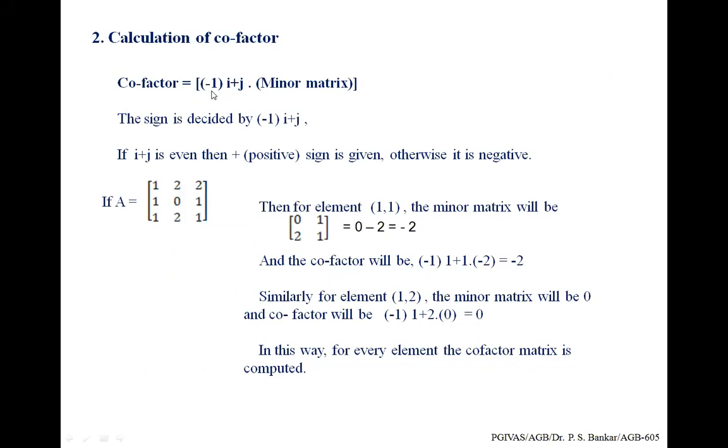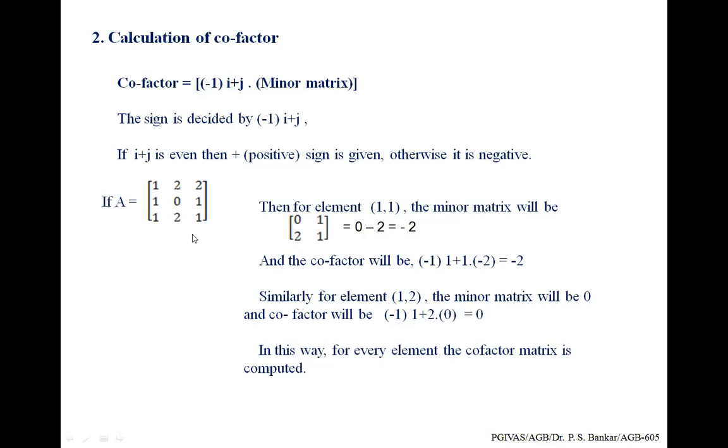The formula for cofactor is minus 1 to the power i plus j. We know that i plus j is the position of row and column. i is the number of the row, and j is the number of the column. And we are going to multiply it with the minor. Here the sign is decided by minus 1 to the power i plus j.